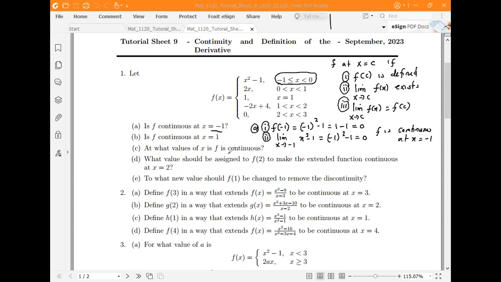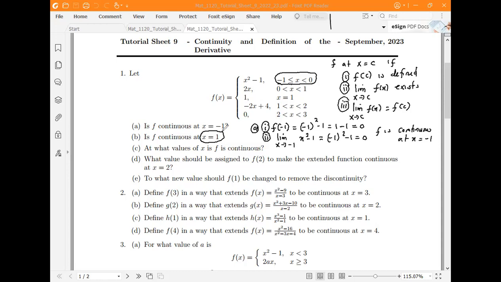So let's go to this one. The first question was asking, is f continuous at x equal to -1? Then since we found f of -1 is 1, that means that f is not continuous. What is f of -1? f of -1 is 0. What is the limit as x approaches -1? It's 0. So they are equal.